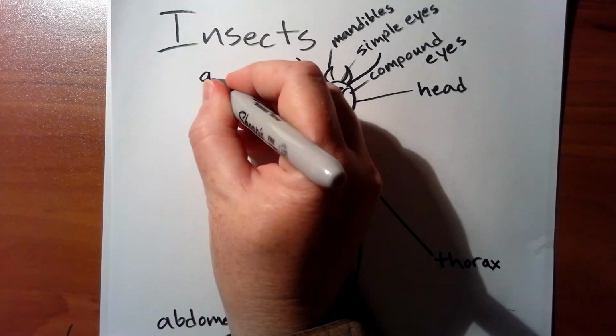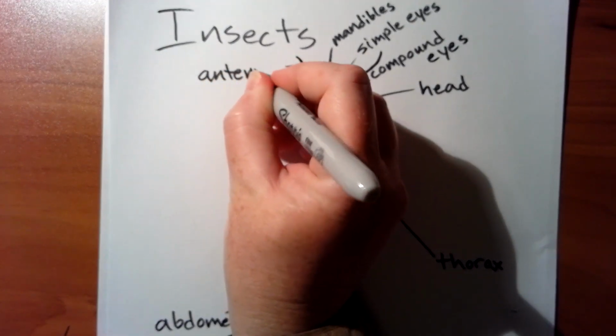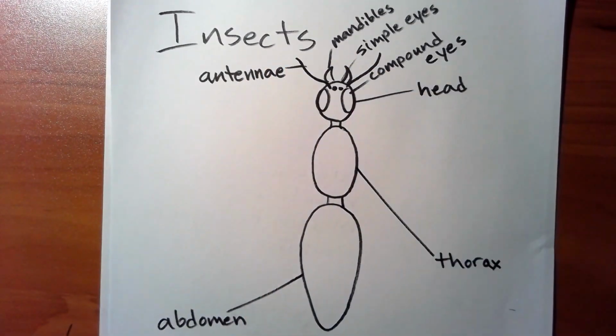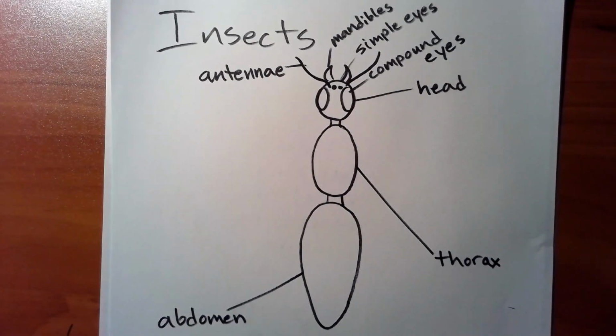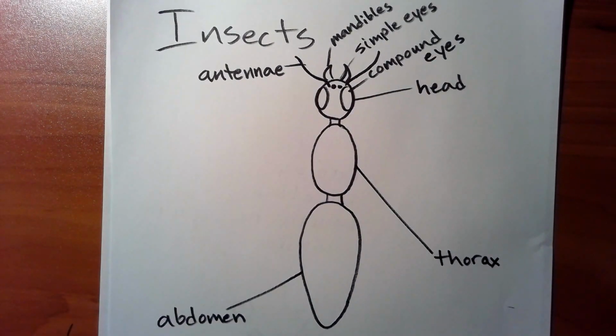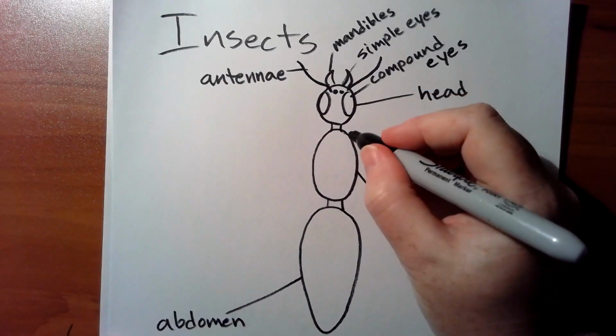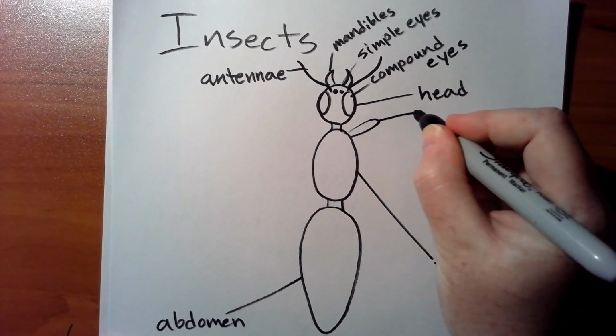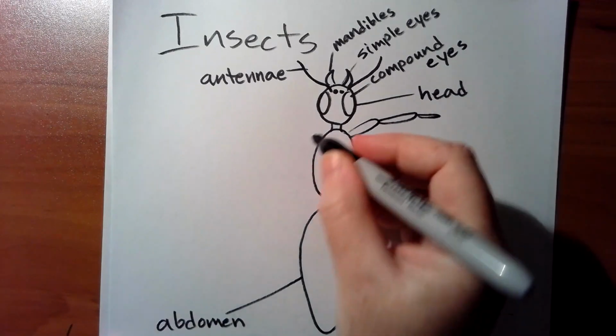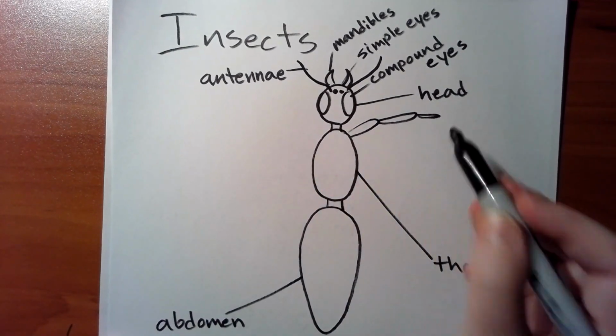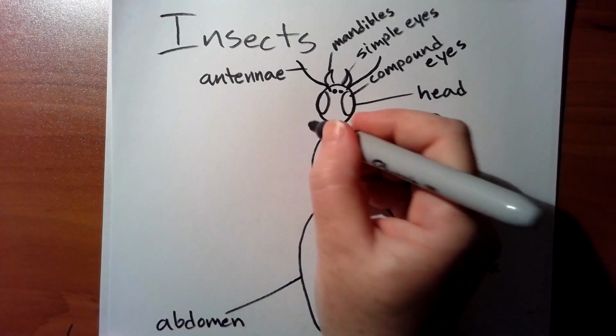Okay, so antenna. Really focus in on how to smell out those complex compounds that they're looking for. Of course, all insects have jointed six legs.